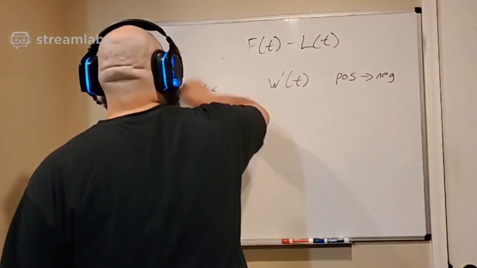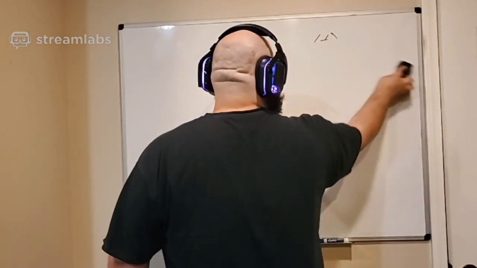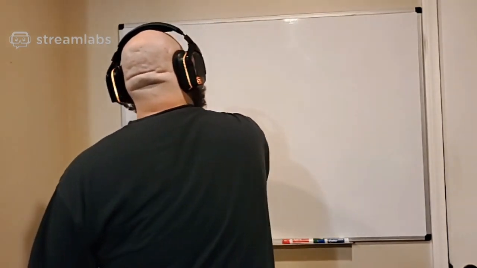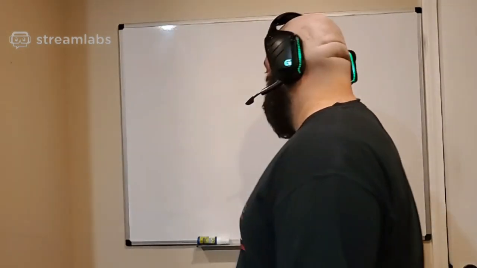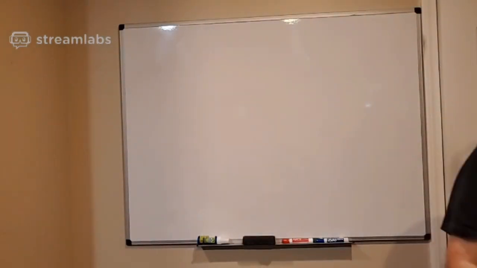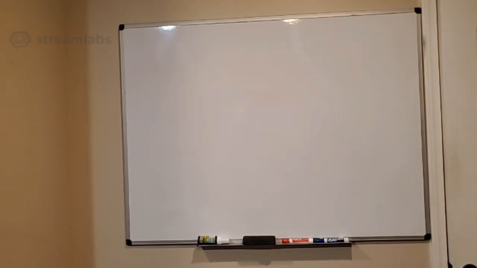W prime? No, W prime would be the rate at which the water is entering or leaving the tub. That's not the height of the tub. Oh. So rate of change to the height is dH/dt.